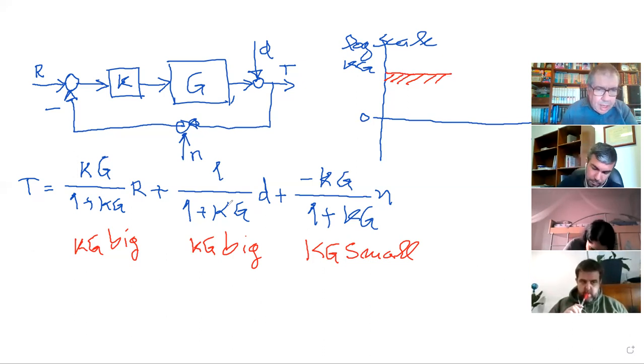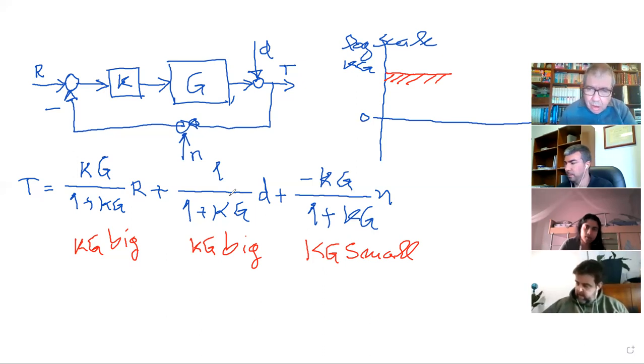Now, to track, to reject a disturbance. Reject a disturbance is this. Suppose that you have a moving staircase. Okay, you go to Chiado in the underground, and then you have to climb the staircase, and the staircase is moving with a constant velocity.